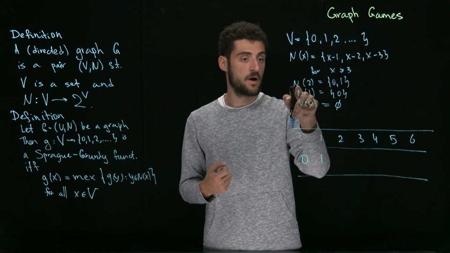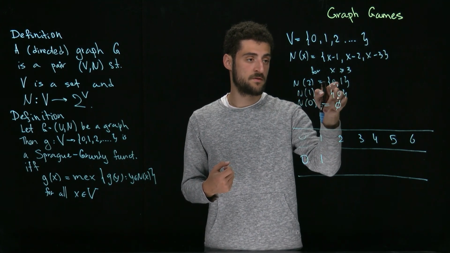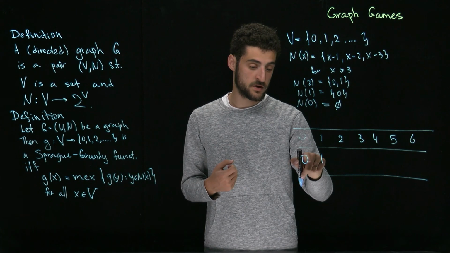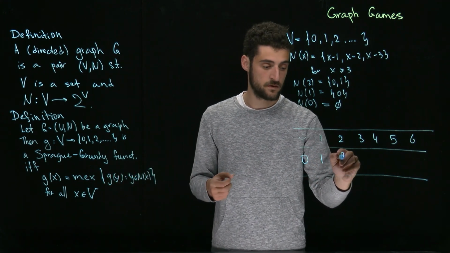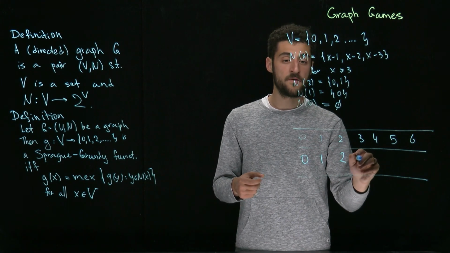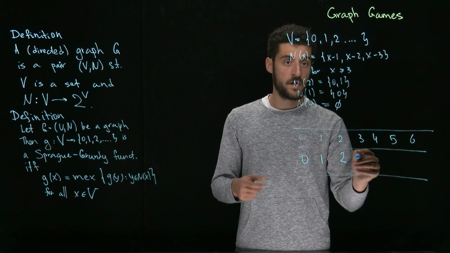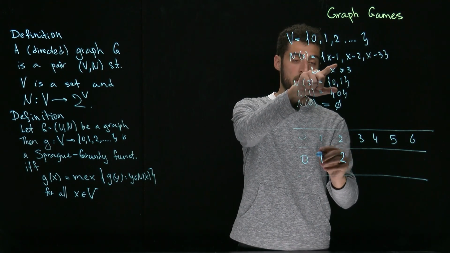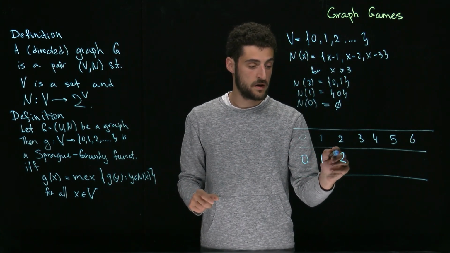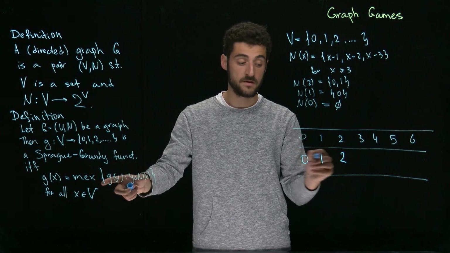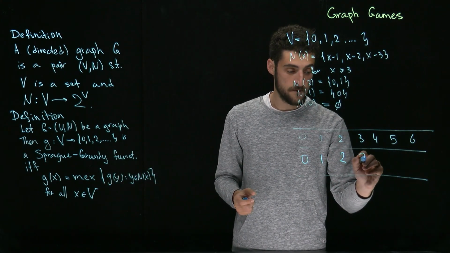Okay, what about 2? For 2, we have two neighbors, 0 and 1, with Grundy function 0 and 1, so we are interested in the mex of 0 and 1, which is 2. Okay, for 3, now we have three neighbors, 2, 1, and 0, with the Grundy function 0, 1, and 2, so we are interested in the mex of this, which is 3.